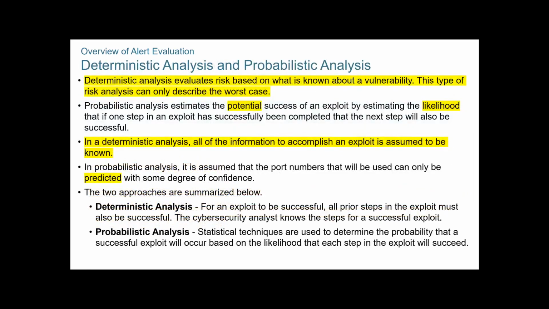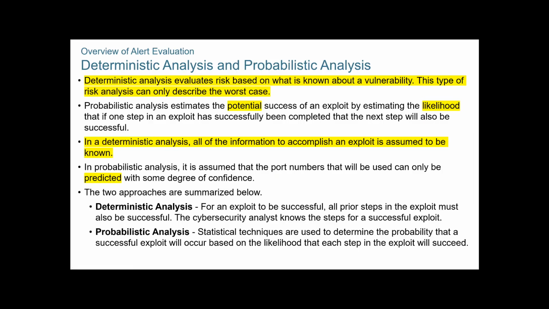Then there's a couple other terms that are going to be on the certification. So deterministic and probabilistic. And I always have trouble saying that word. So this is common sense to me. Deterministic is basically all of the information to accomplish an exploit is assumed to be known. Probabilistic, you're making a prediction maybe on something that already happened.